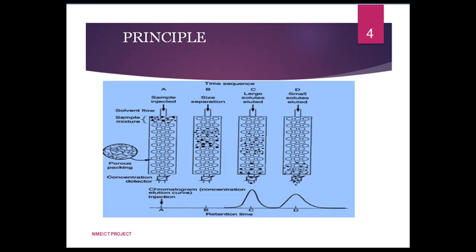The intermediate will follow the larger molecule and the small molecule will move slowly through the column. As shown in figure C, the large solute is eluted first, followed by the intermediate size molecule, and as shown in figure D, the small molecule will be eluted at the end.